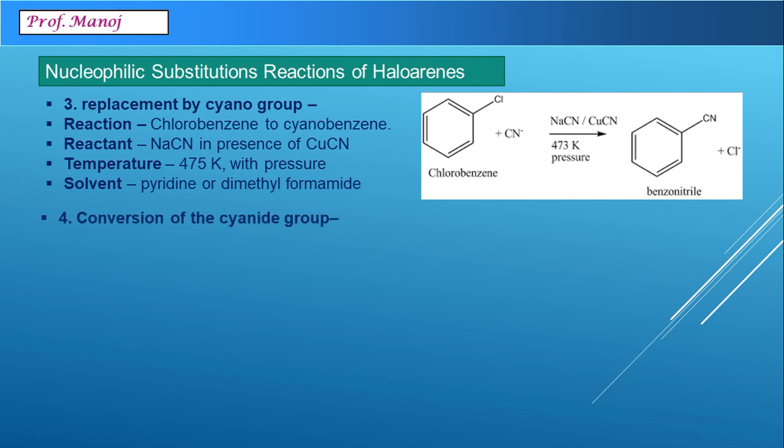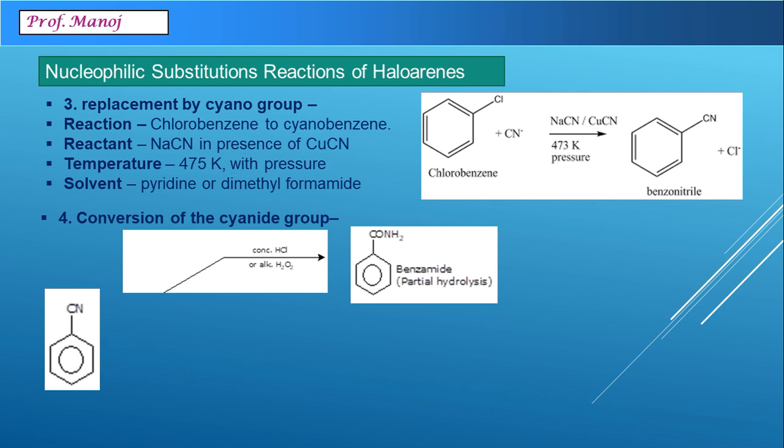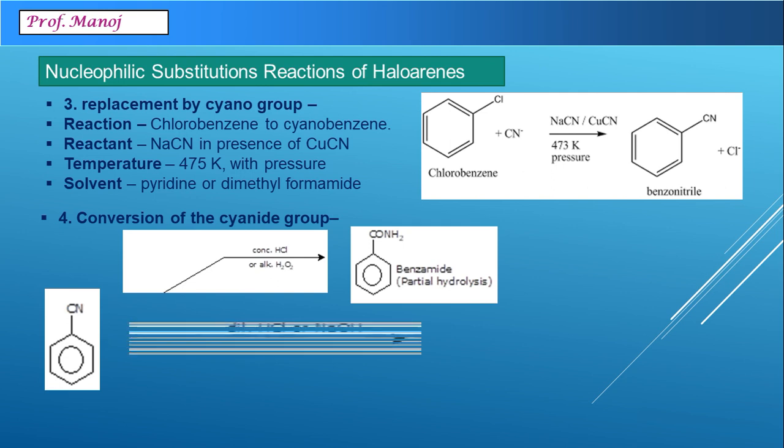This cyanobenzene can be converted into a lot of useful compounds. Let us see their conversions. This is the cyanobenzene compound. If I carry out a partial hydrolysis of it, we convert CN into amide group. So we convert cyanobenzene into benzamide.